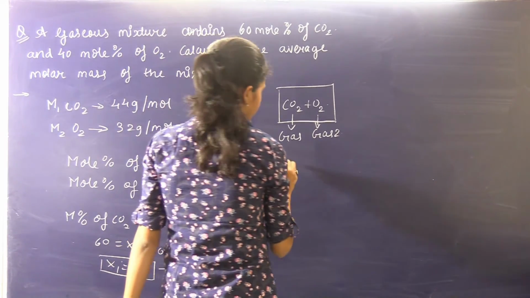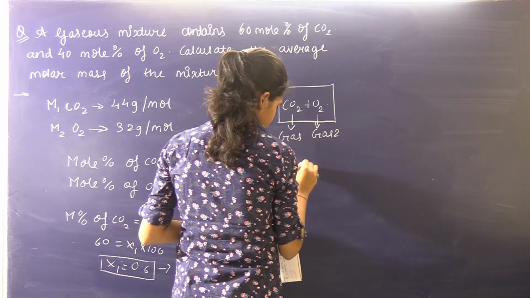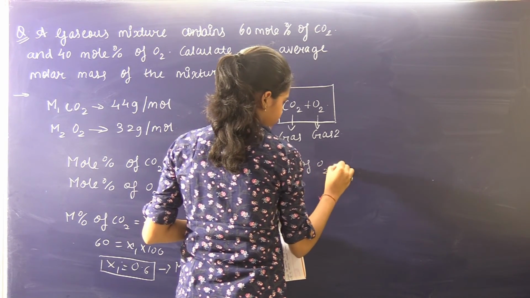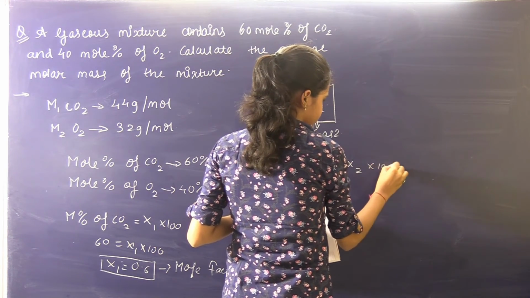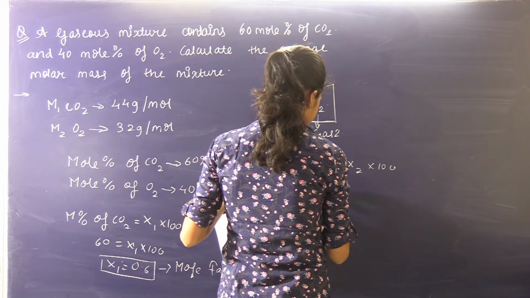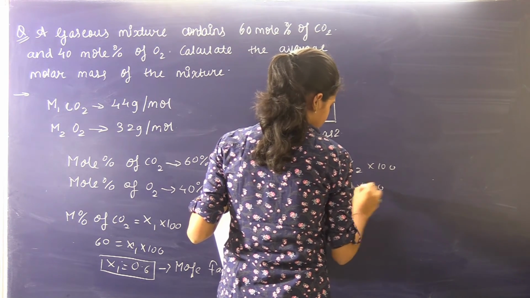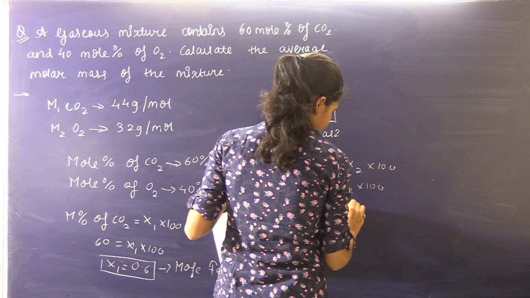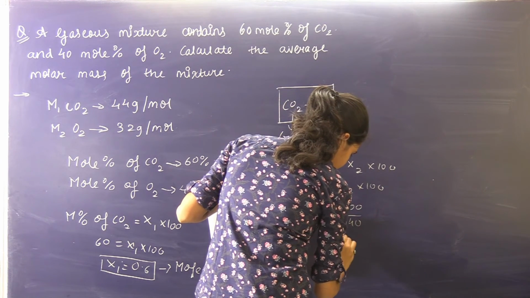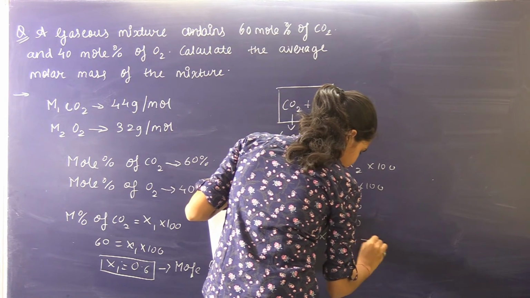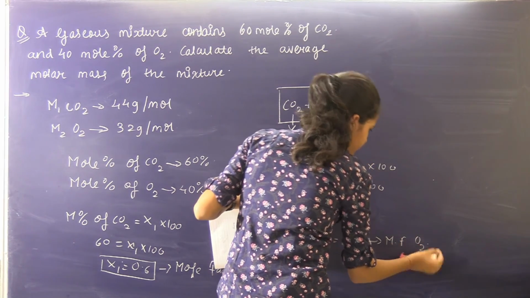Mole percent of O2 is equal to chi 2 into 100. So 40 is equal to chi 2 into 100. So chi 2 is equal to 0.4. This will be the mole fraction of O2.